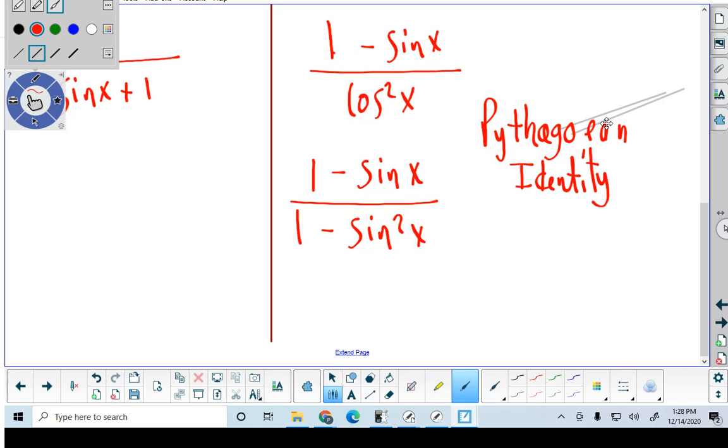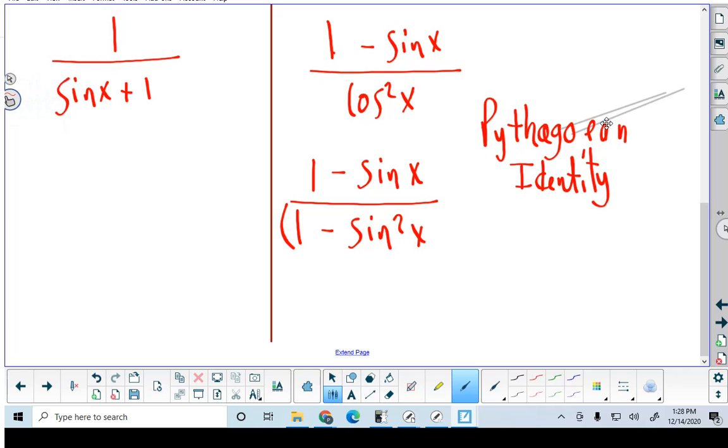And what that allows us to do is factor the bottom of this. The bottom of this is factored as a difference of squares. And I'm curious, how many of you, by typing yes, see that as soon as we factor it, we'll have our answer? We will have it equal to the left side. Right? You're going to have something that cancels right away.